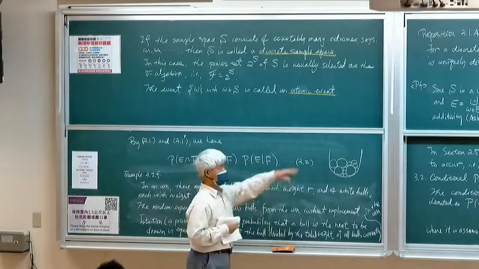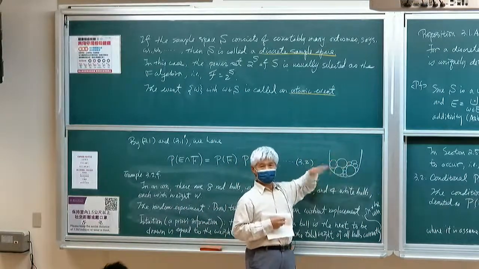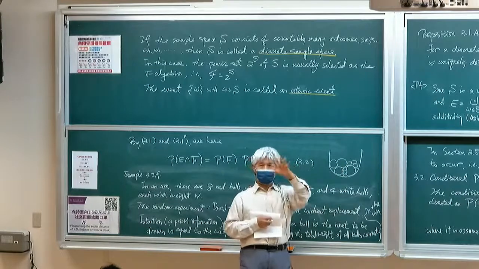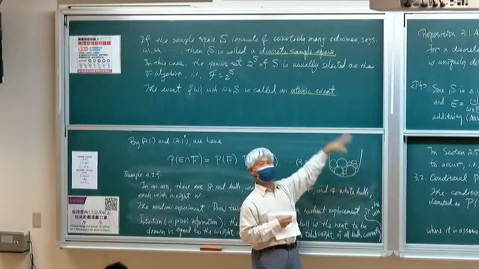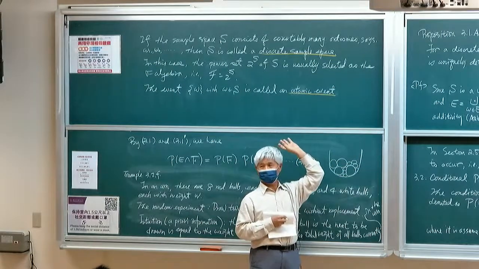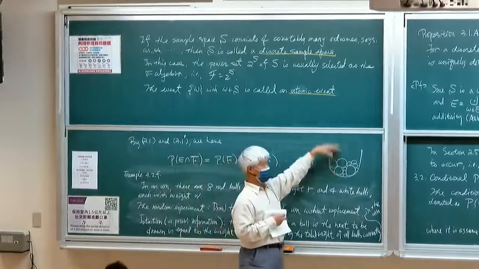So for example, if you want to draw the first ball, with high probability you will touch a bigger ball, and then you pick up one. You take one out.